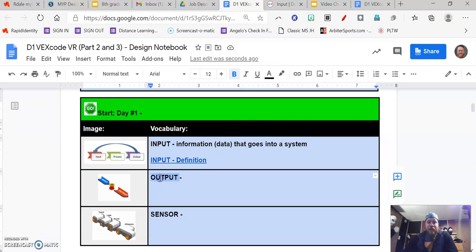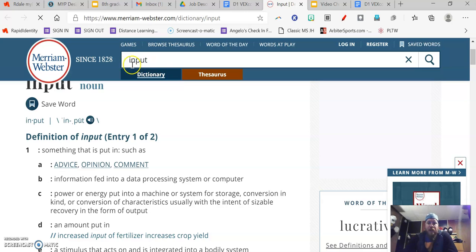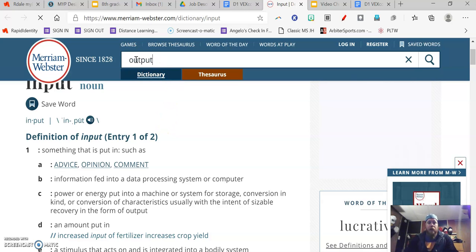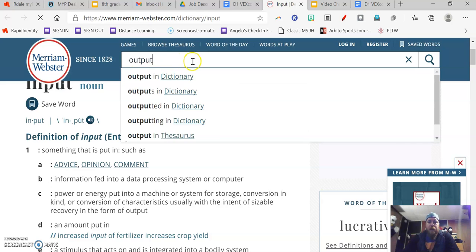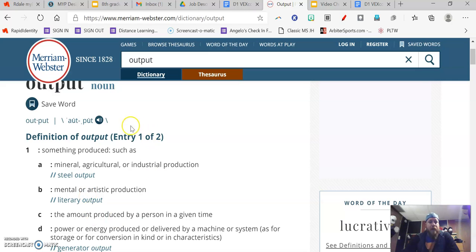Now I can go back. I see my next term is output. I can go back to the dictionary, and since we gave you this link to a dictionary, the easiest way is just to change the word up here. Output, hit enter, and here are some of the definitions for output. Again, think of our context. Our context is computers and computer programming.